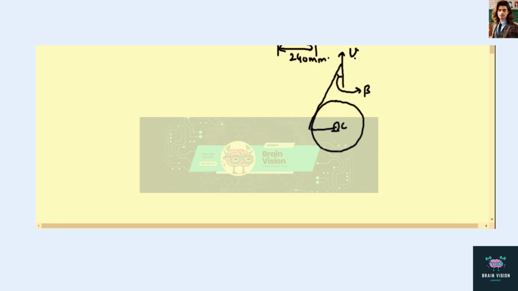This is the velocity of A. This will be the velocity of center of mass V bar. This is the velocity of B. This is the center of mass CG. So the center of mass is H1 meter above the center of the wheel.